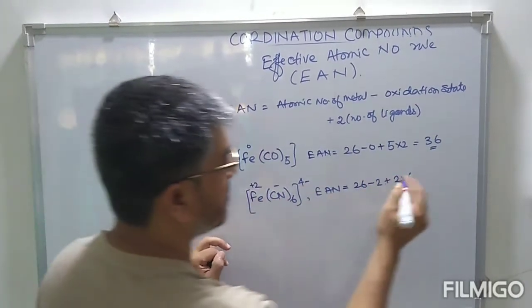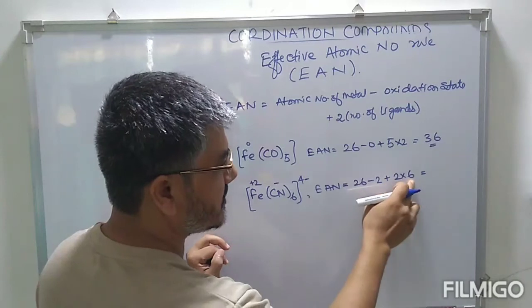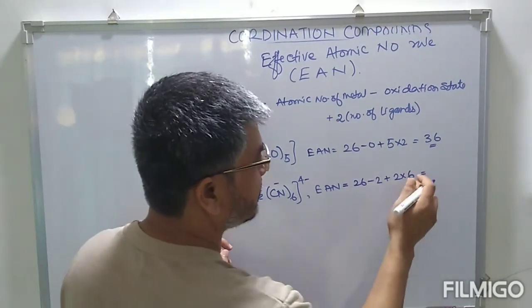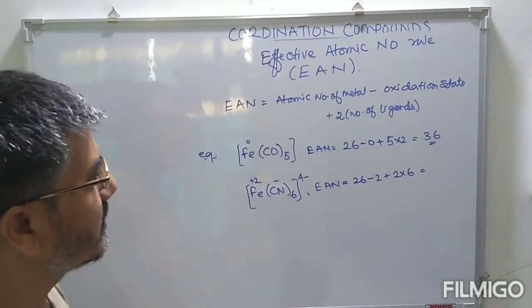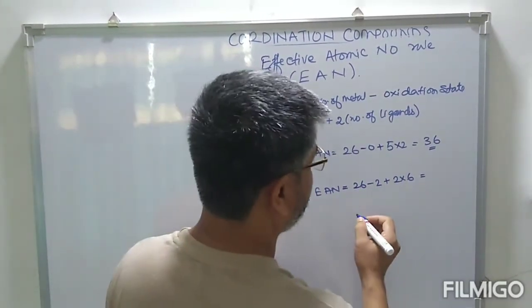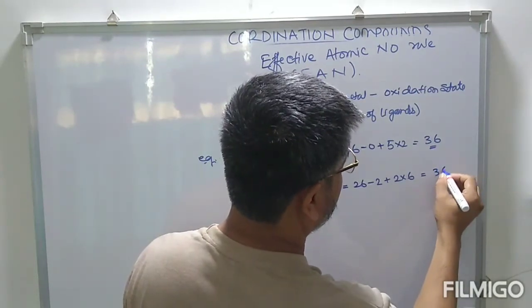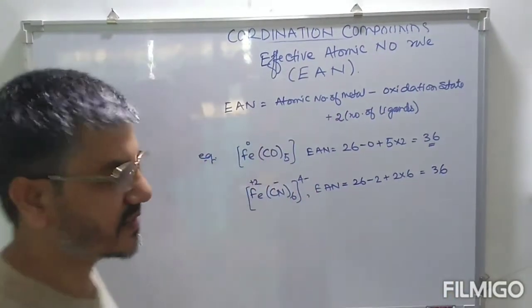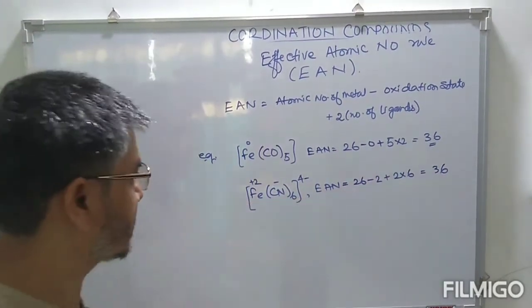Denticity is 1. So therefore, look at this, it comes out to be 26 minus 2, 24, 24 plus 12, 36.